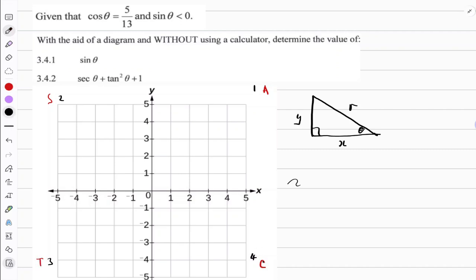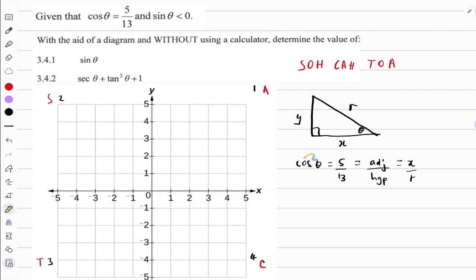So with the information provided, we are told that cos theta is equal to 5 over 13. And we know by definition cos theta is the adjacent side over the hypotenuse, or cos theta is x over r.